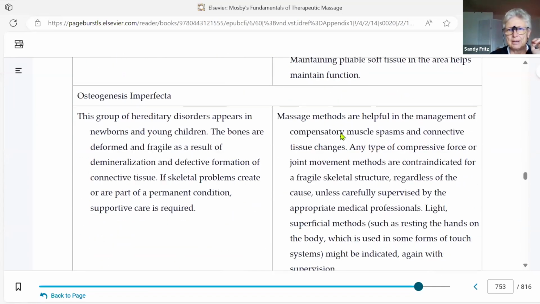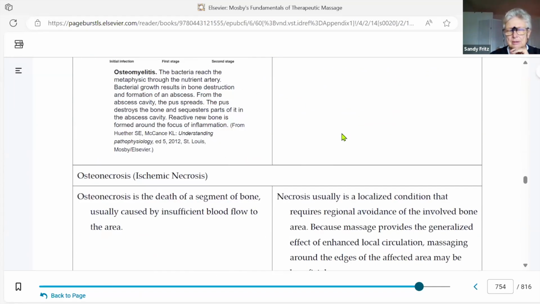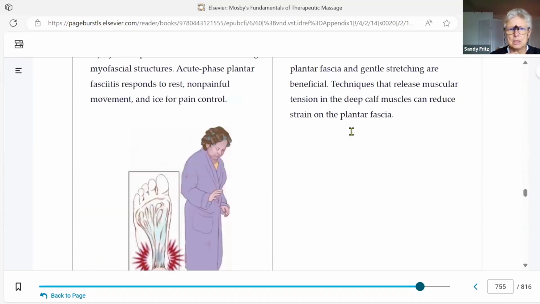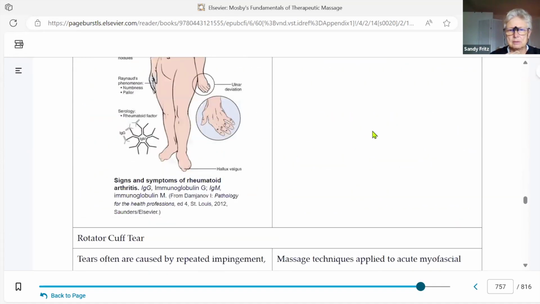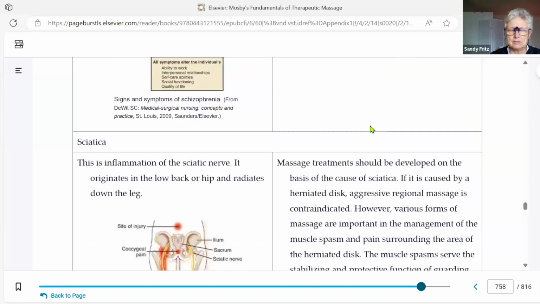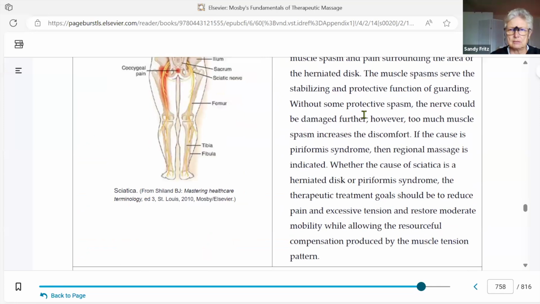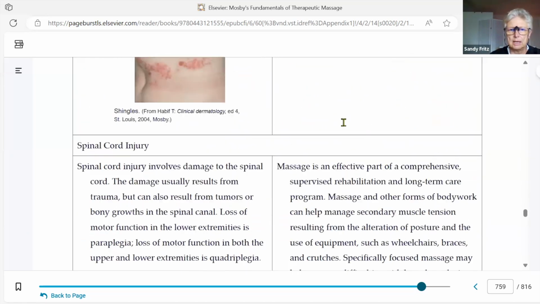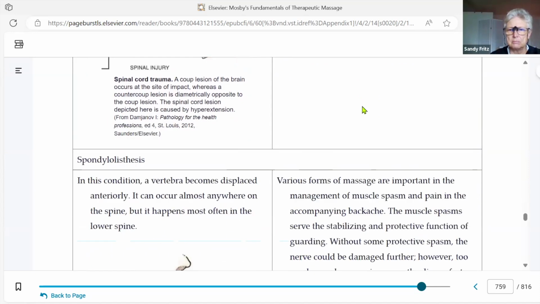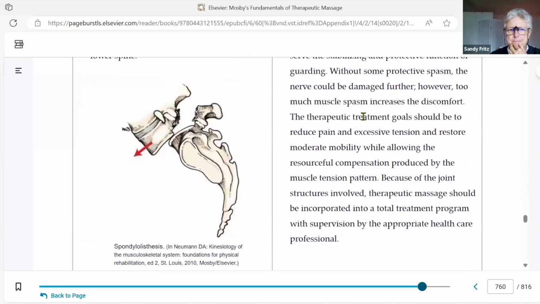You're not being trained to be a pathologist or a medical doctor or a pharmacist or any of that. So it is important that we recognize the generalized ideas of things, that we know how to reach out for more if a client tells us they have that condition, and have some generalized starting place to make some decisions.